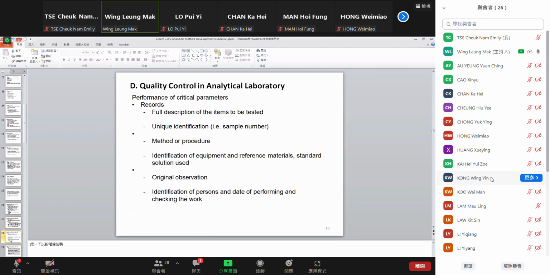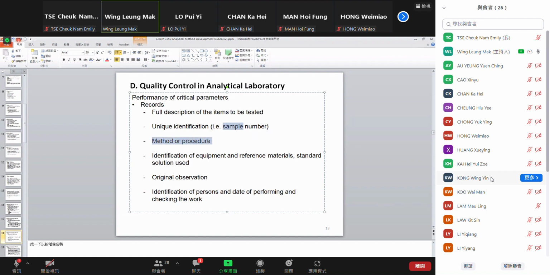Okay, we move on. It's a record, very simple. The record should have the full description of the items to be tested, and you need identification of sample numbers. You will not have two identical numbers for two samples, okay?